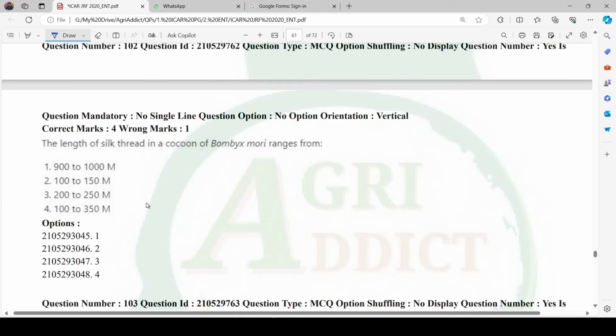The length of silk thread in a cocoon of Bombyx mori ranges from 900 to 1000 meters. Normally, for any silkworm, the larva mainly produces 650 to 1300 meters of silk thread per larva.